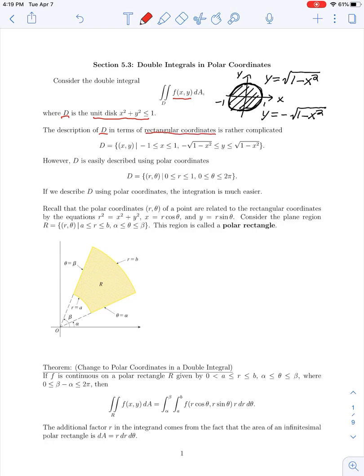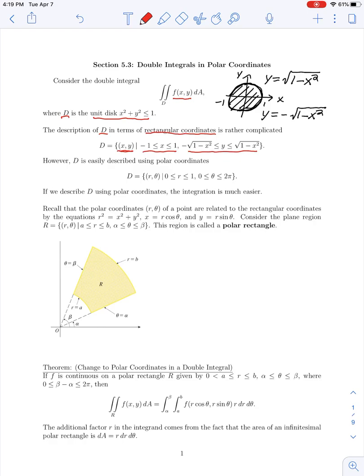If we describe it as a type 1 region, this region D would be the set of all points x y, where x ranges from -1 to +1, and y is bounded above and below by the upper half circle and the lower half circle, plus or minus square root of 1 minus x squared.